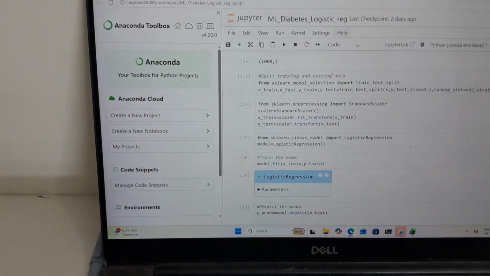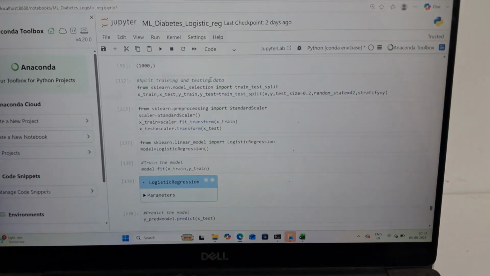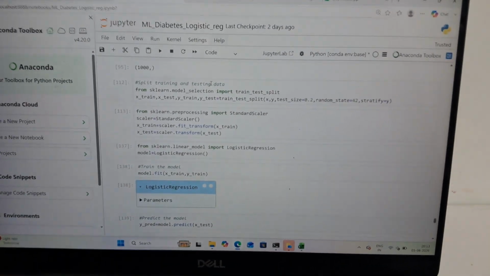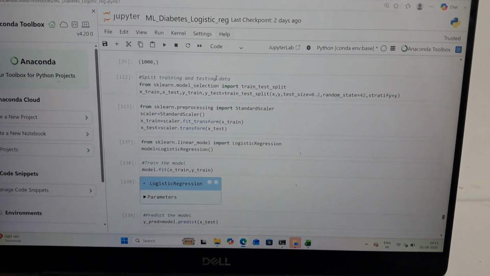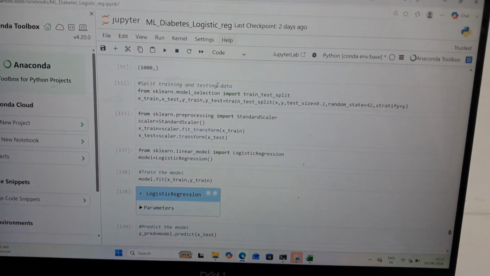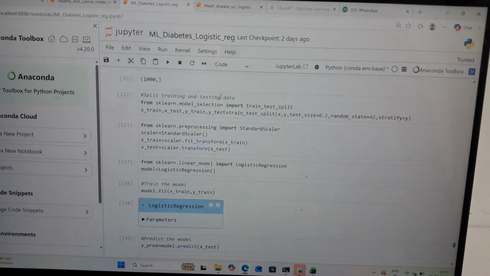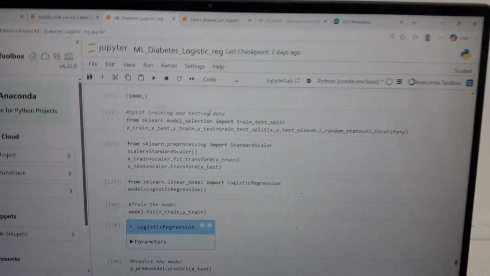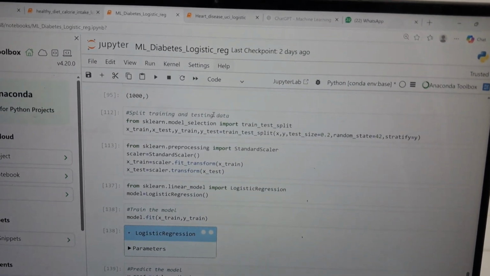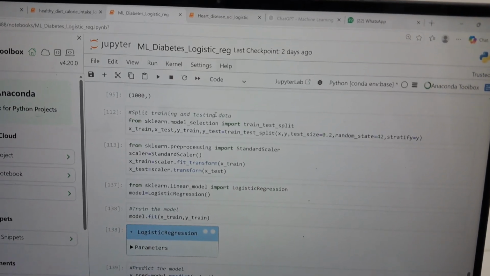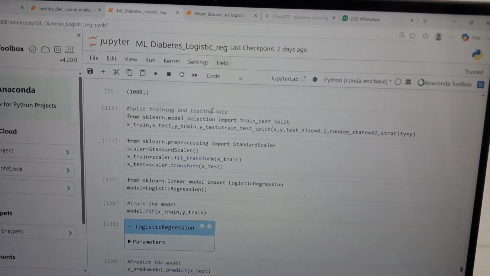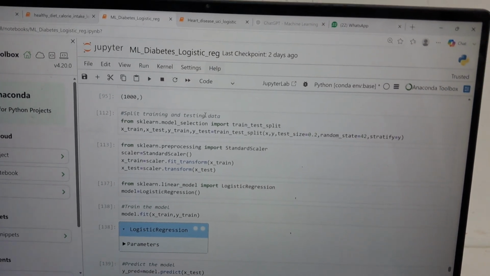Now split the training and testing data. Now in logistic regression, in all algorithms in your supervised learning, you must separate data into training and testing.